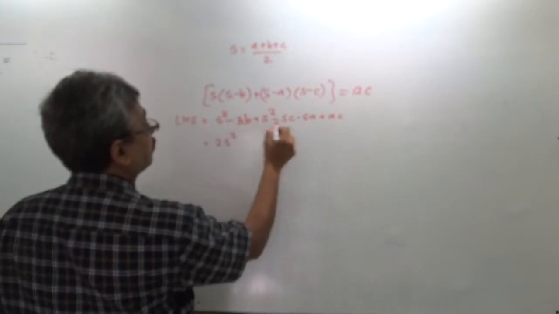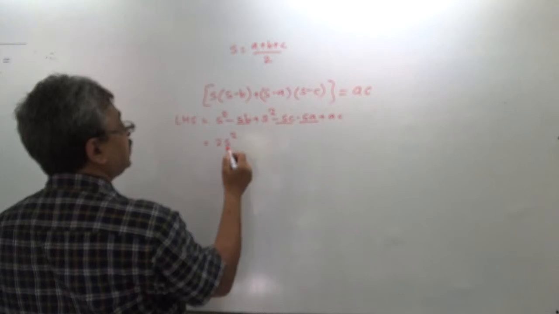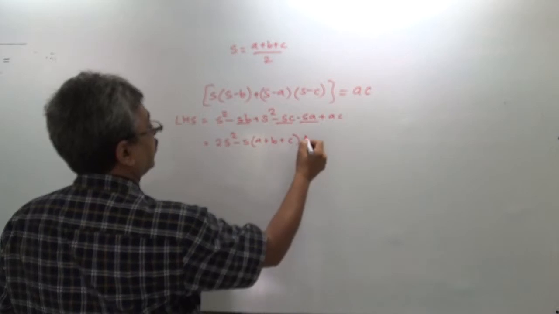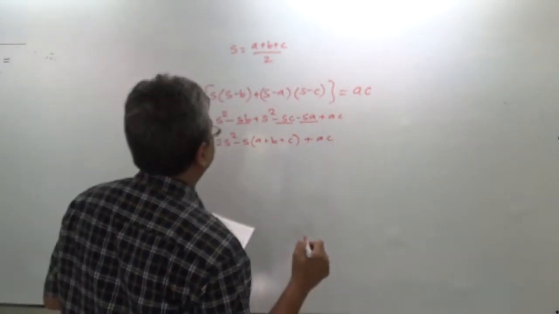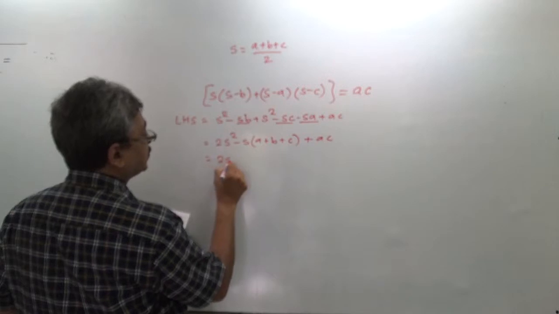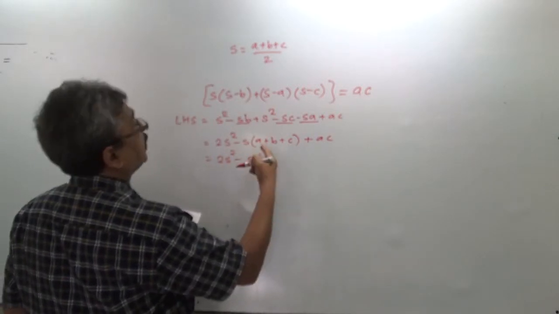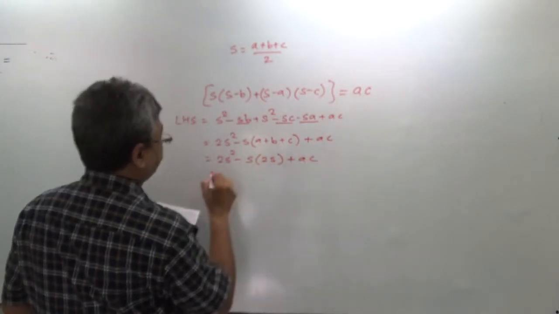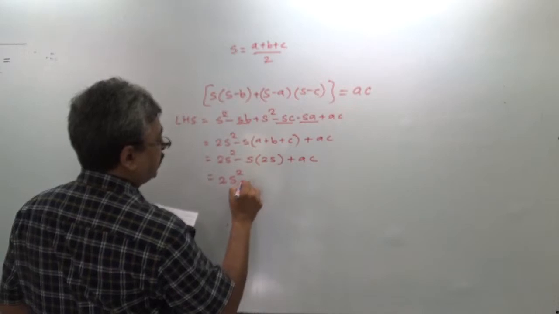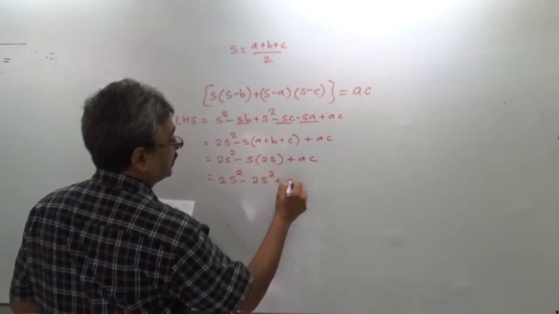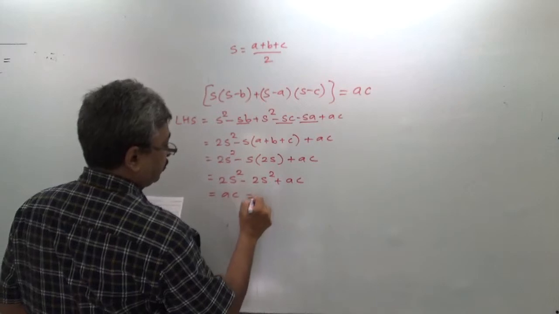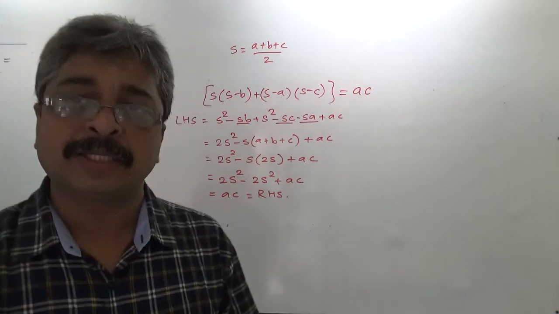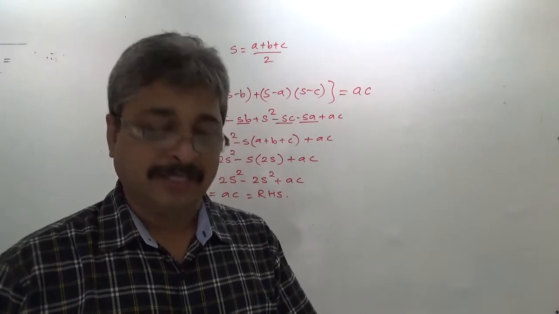Then I can take out minus s common from these three terms, which is minus s times (a plus b plus c), and plus ac remains as it is, which is 2s square minus s times (a plus b plus c). Now a plus b plus c is 2s, plus ac, which is 2s square minus 2s square plus ac, equal to ac, which is RHS. So it is as simple as that. You just expand those brackets and you will get the answer.